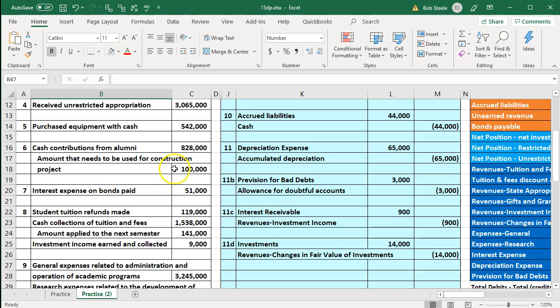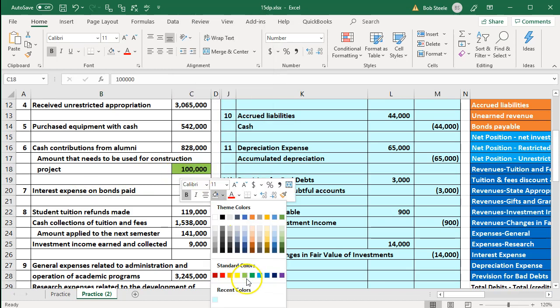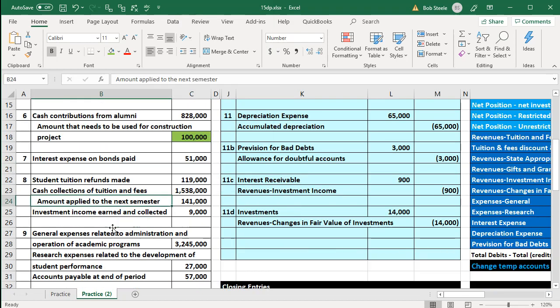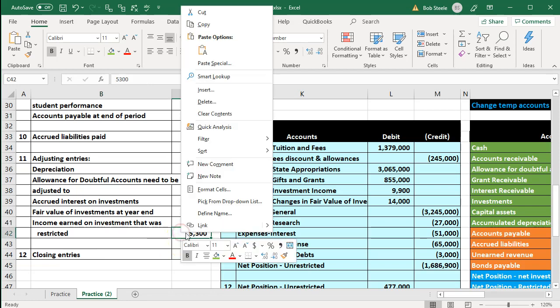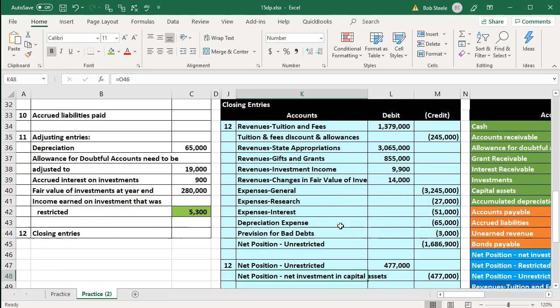We didn't record the restriction by account, which marks it as something that needs to be dealt with now in the closing process. Then I believe down here, in number 11, we had income earned on investment that was restricted. Once again, we didn't record that by account when we recorded the transactions during the time period. However, now in the closing entry, we will make that adjustment. Those are the only two, so we're going to scroll back down and pick those up.